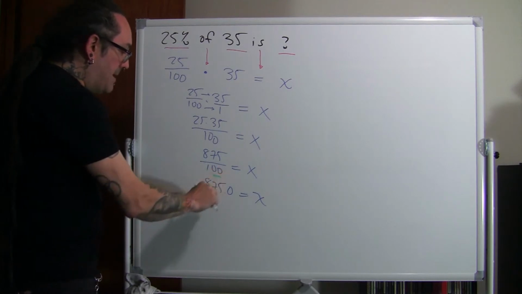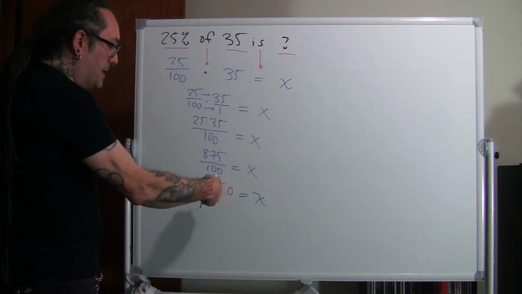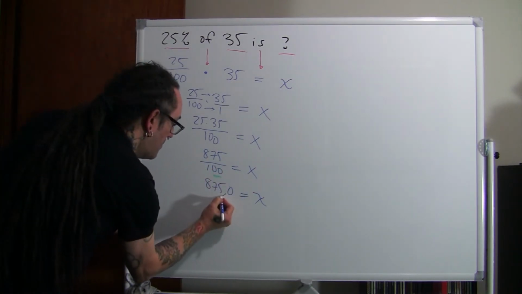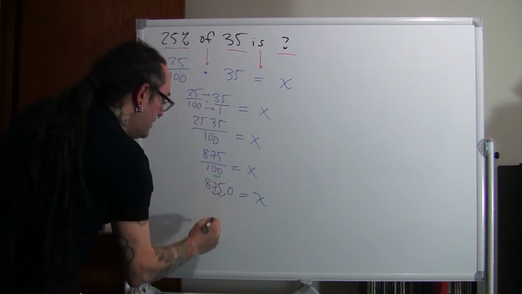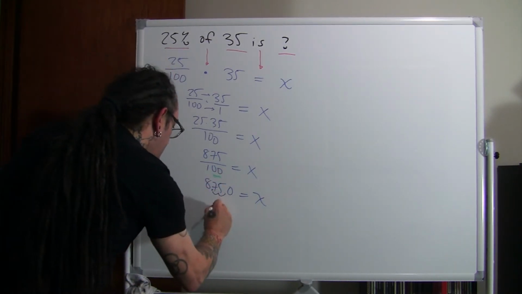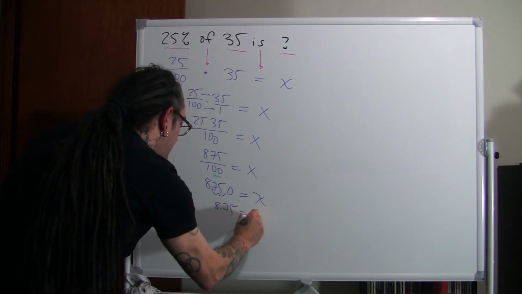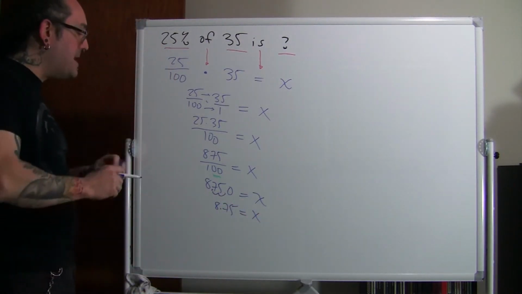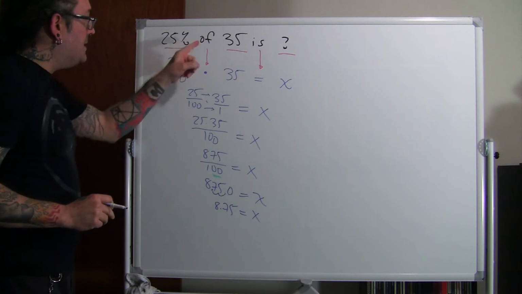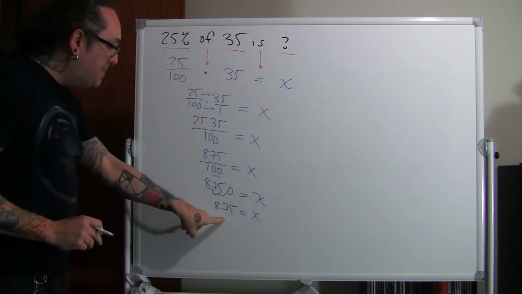And then I want to move the decimal this way, 1, 2 for the 2 zeros. So this is here. So 8.75 equals x. And this means 25% of 35 is 8.75.